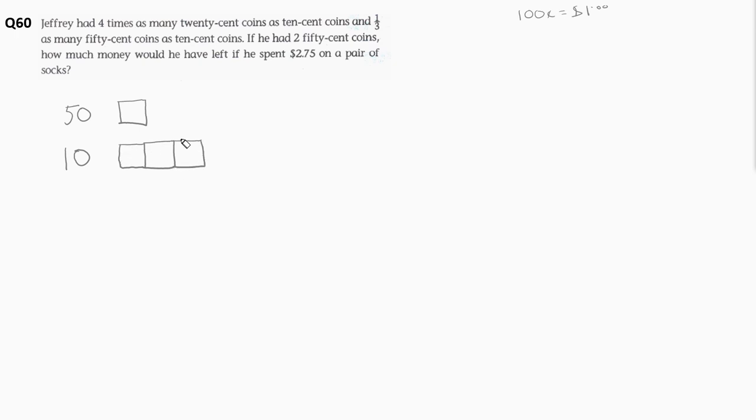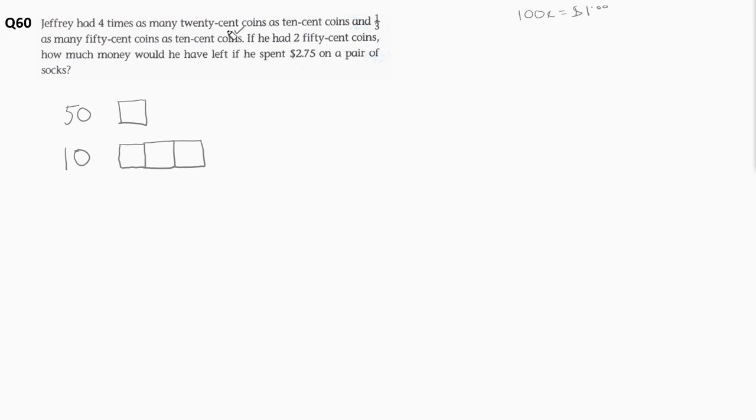So if you can imagine, this is all the 10-cent coins split into 3 equal parts, thirds, and the number of 50-cent coins represents 1/3 of the number of 10-cent coins. Okay, I am happy with that. All right, so just keep going back and checking, does it make sense? Right, so I've got this part.